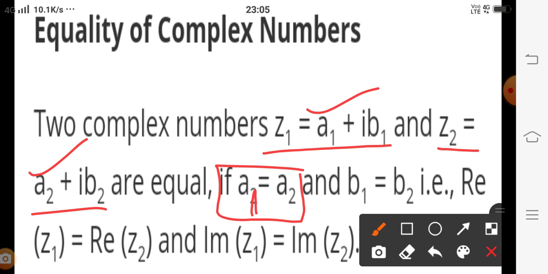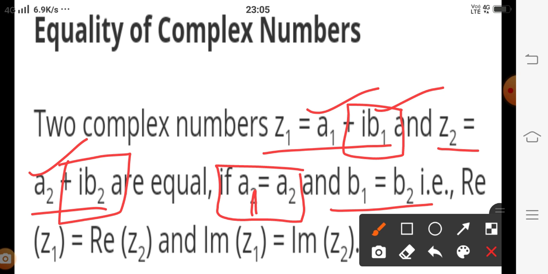And for the imaginary part, we get b1 and b2, so b1 is equal to b2. That is, the real part of the first complex number is equal to the real part of the second one, and the imaginary part of the first is equal to the imaginary part of the second.